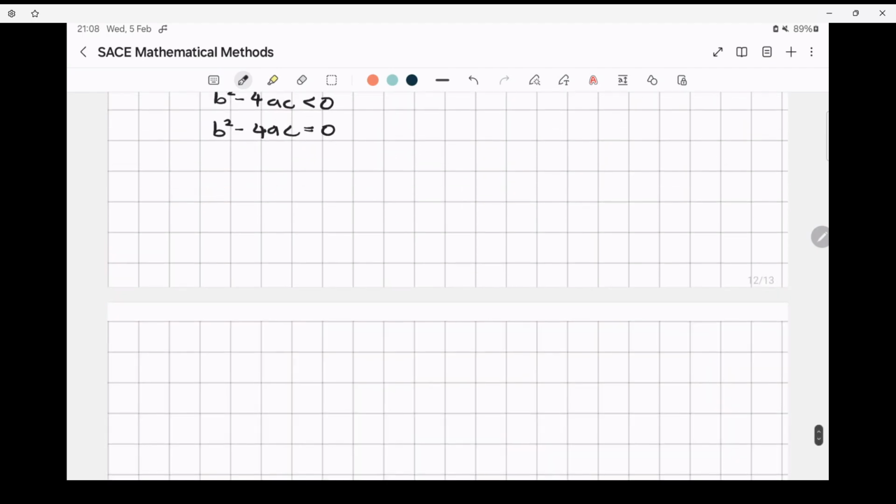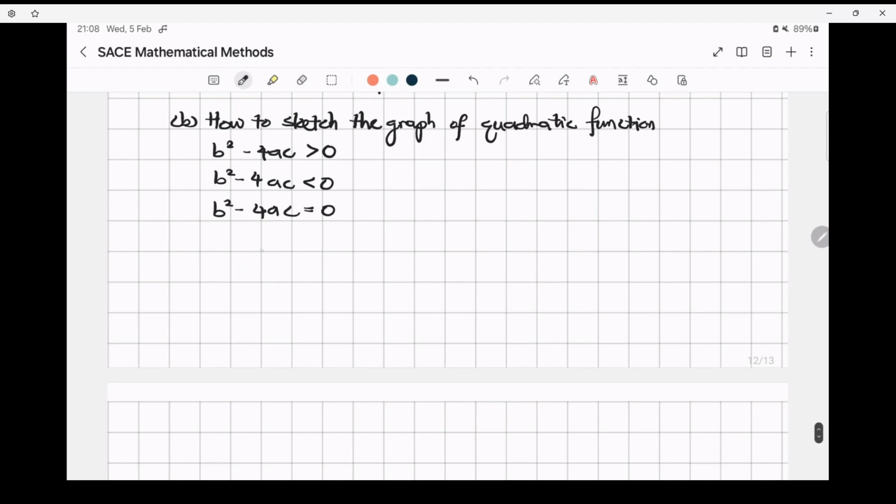So what are the differences? So if let's say your a is greater than 0, you know that this is a U-shaped graph. So this particular quadratic equation corresponds to b squared minus 4ac greater than 0.